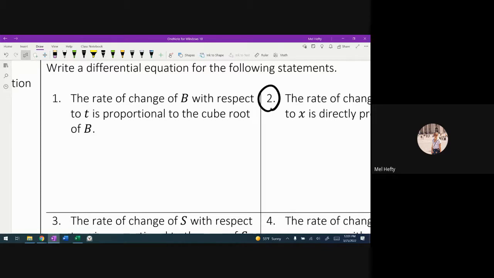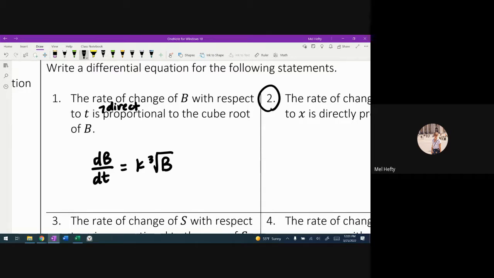Rate of change, aka slope, is a derivative. So the rate of change of b with respect to t is going to look like db dt. Wow. All right, is proportional. This means directly proportional, if you don't see that word, to the cube root of b. So I'm going to put my constant of proportionality and my cube root of b.